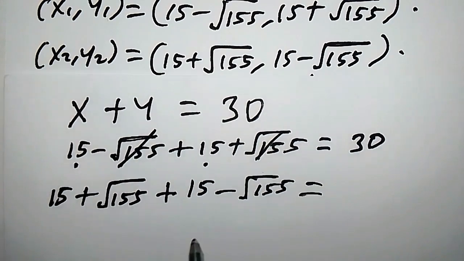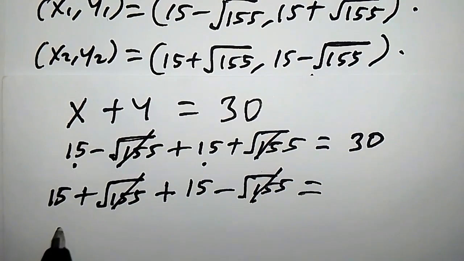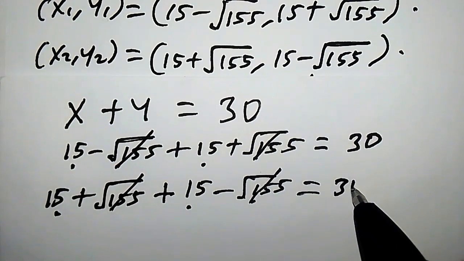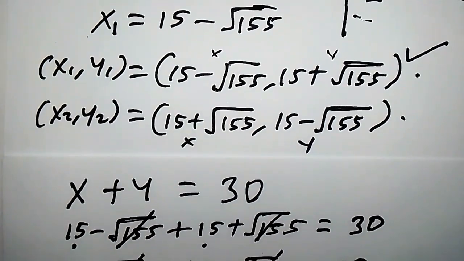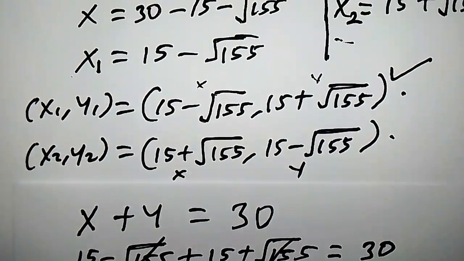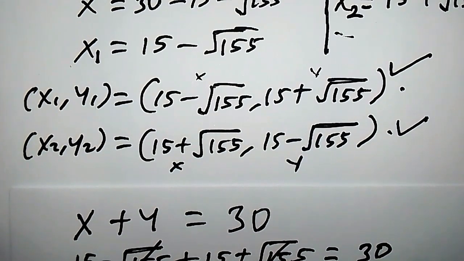This is equal to, root 155 also cancels negative root 155. We are left with 15 plus 15, which is simply equal to 30. This is also exactly what we have on the right hand side of equation 1. This indeed shows that the second solution is also correct.